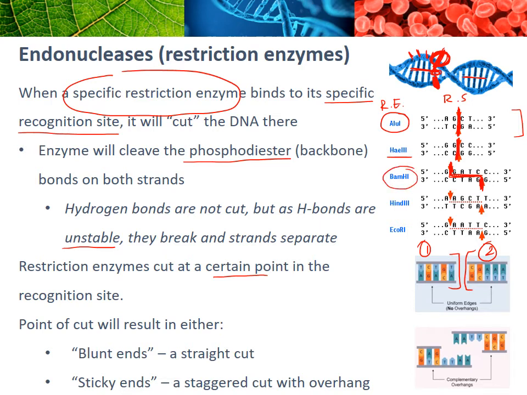So like this one here, if we cut here and cut here, and then those hydrogen bonds in the middle just break, it ends up getting separated like this. So we still end up with two strands, one strand here, one strand here, but we've got this overhang, and that is called sticky ends. It is really important. It comes up all the time in exams, and we'll come back to that a little bit later.